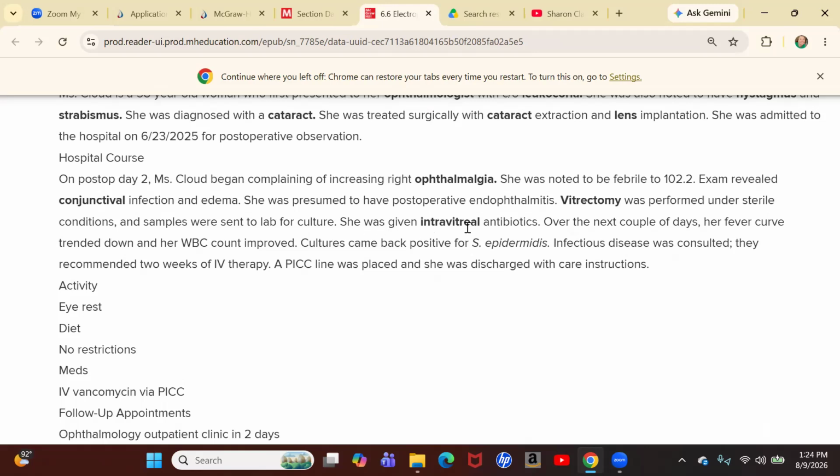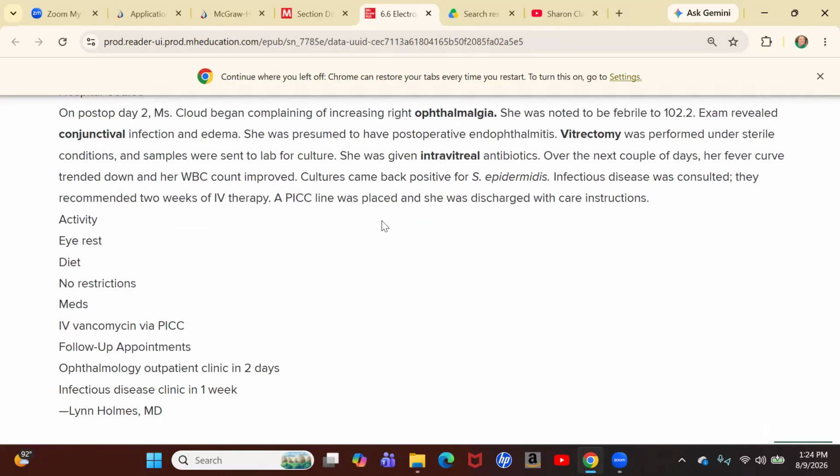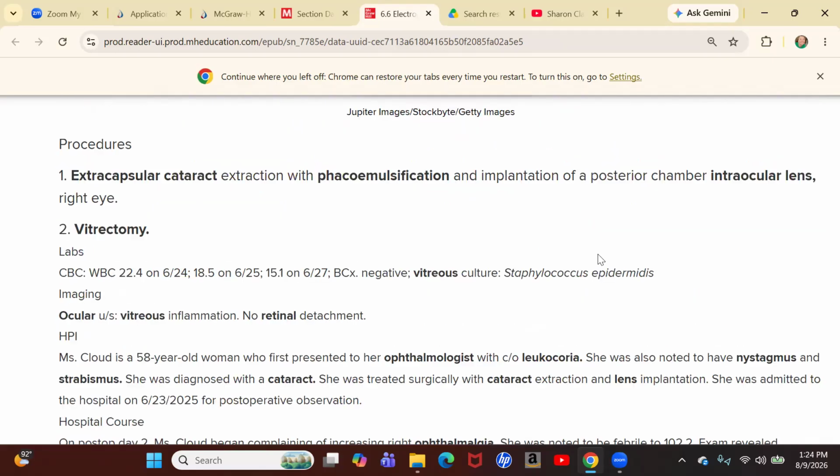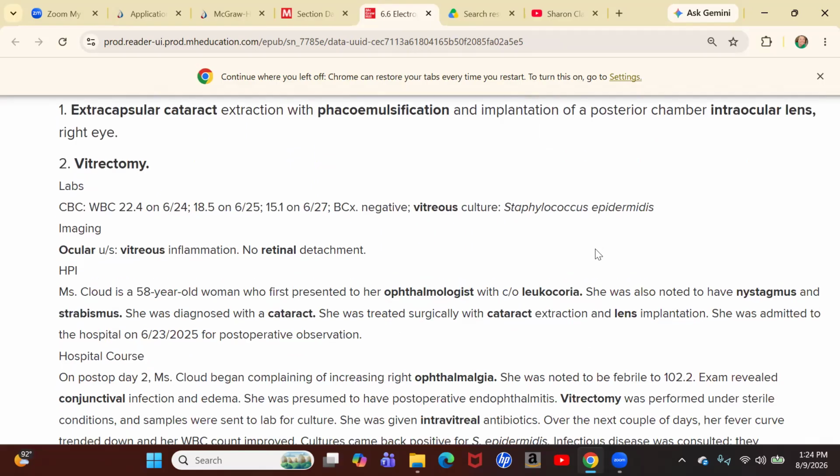They sent it to the lab, and she was given intravitreal antibiotics, intra meaning within the eye, and her fever came down, her blood count improved, but she's still positive for staph.